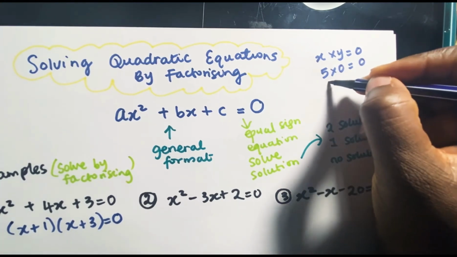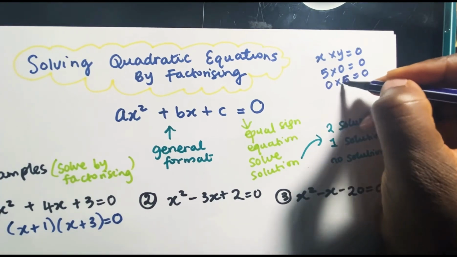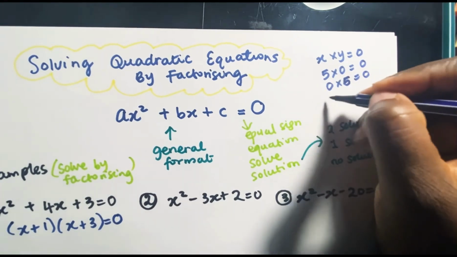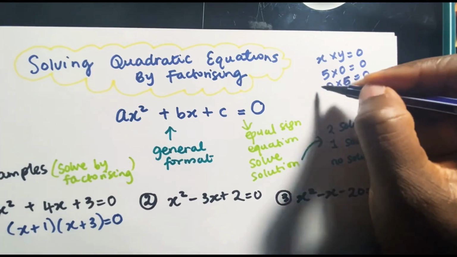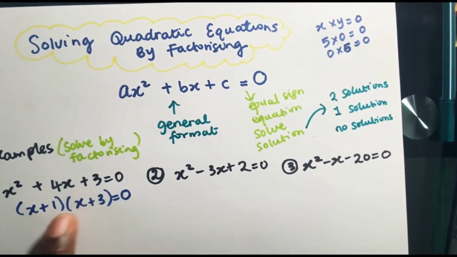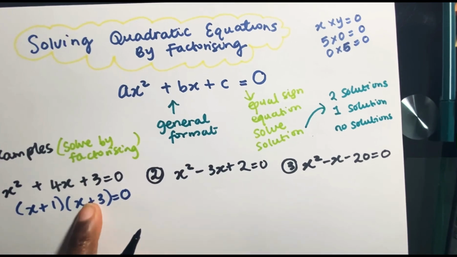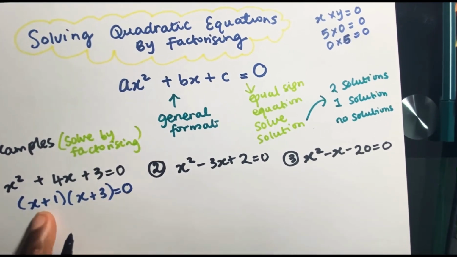If you have something times 5 is equal to 0, or times 6 is equal to 0, then the only way that you can have 0 at the end is that thing is equal to 0. So let's use that idea to think about these two factors. Either this is equal to 0 or the other one is equal to 0.